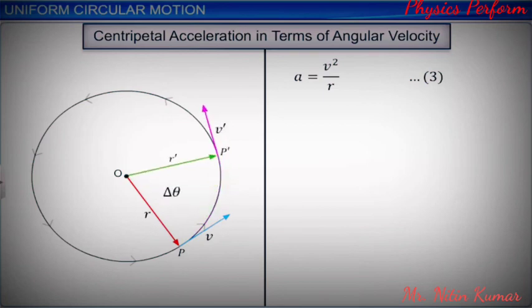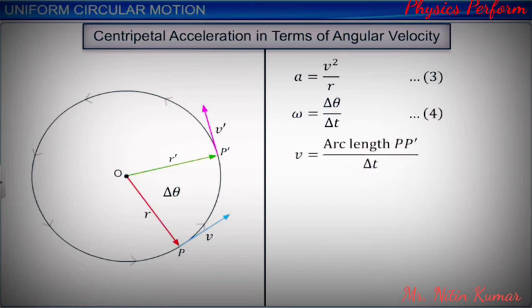Let this be equation 4. V is equal to arc length PP' by delta t, which is equal to delta S by delta t. Let this be equation 5. Delta S is the arc length, which is r delta theta. Let this be equation 6.